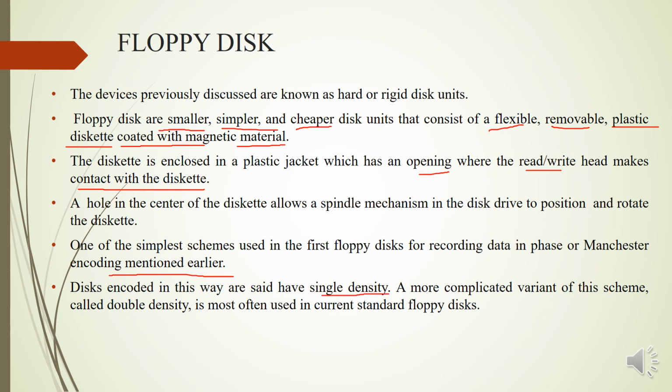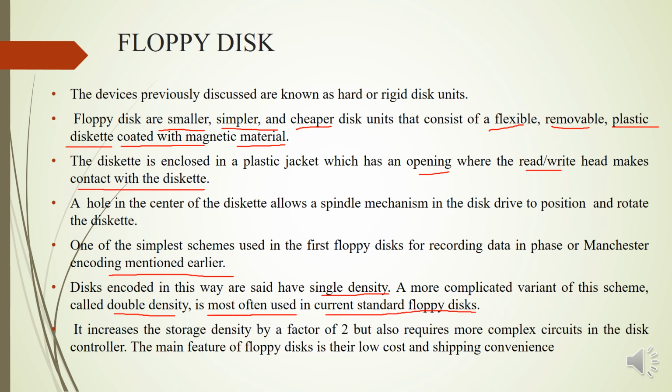A more complicated variant of this scheme, called double density, is most often used in current standard floppy disks. It increases the storage density by a factor of 2 but also requires more complex circuits in the disk controller. The main features of floppy disks are their low cost and shipping convenience.